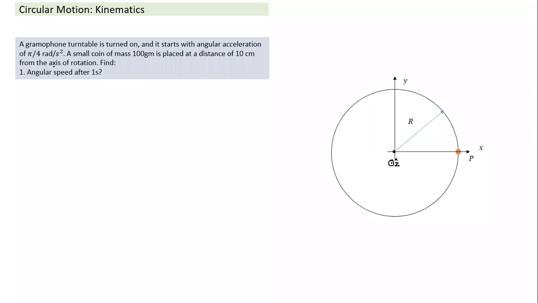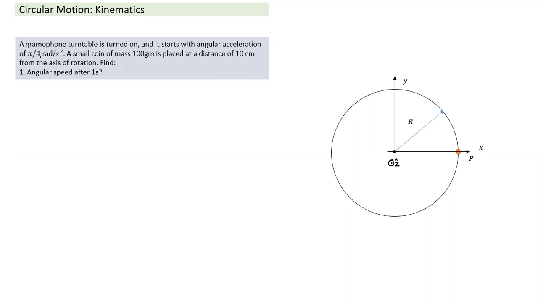Let's understand what will happen to the motion as time progresses. First of all, I hope most of you have a good intuitive understanding of linear acceleration. We have to have an understanding of angular acceleration. If we say pi by 4 radian per second square, what does it mean? It means every second the angular velocity will increase by pi by 4.